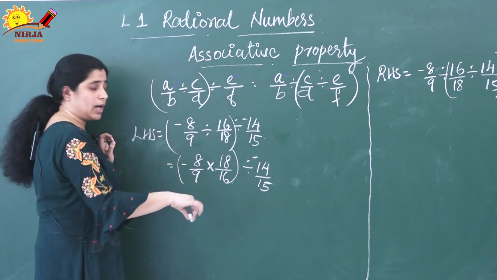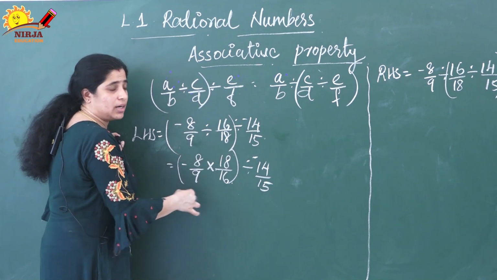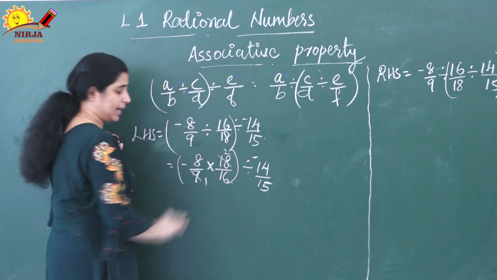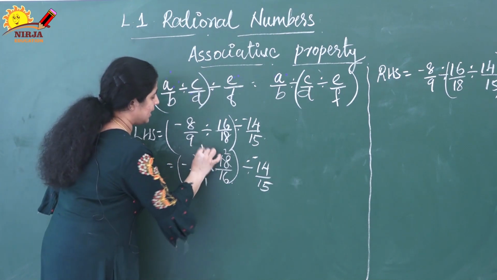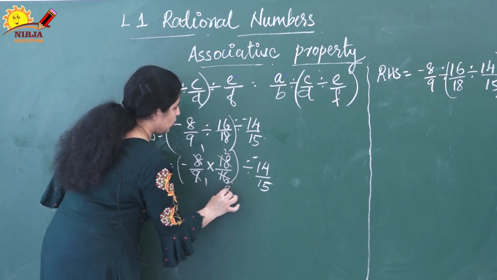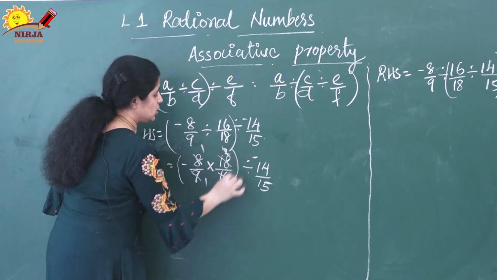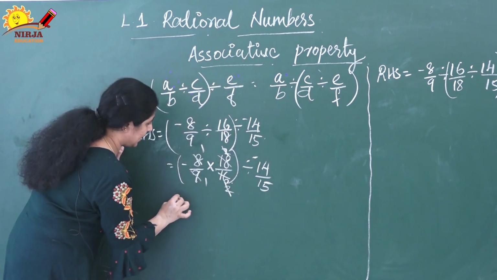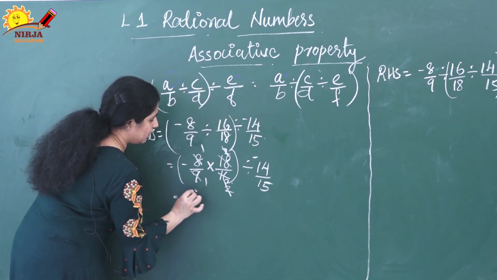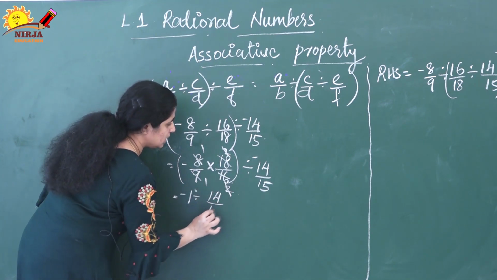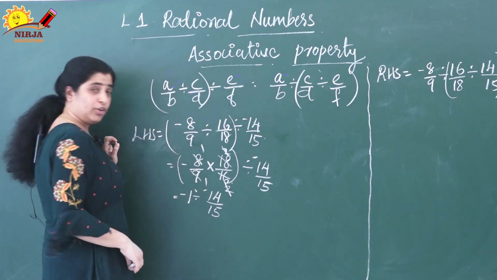You know that you can cancel the numerator and the denominator. 1 nine is 9, 2 nines are 18. Again here 1 eight is 8, 2 eights are 16. Again you can cancel this 2 and 2. You will get minus 1 divided by minus 14 by 15.